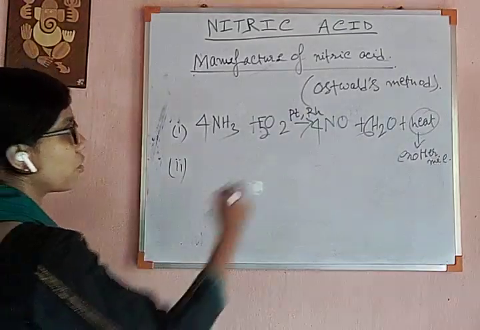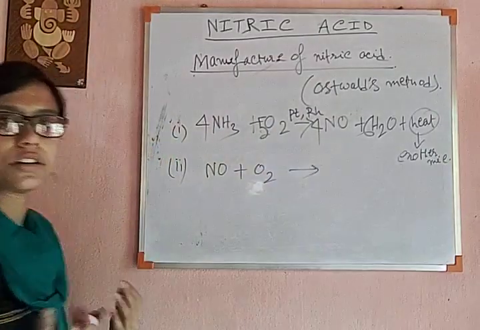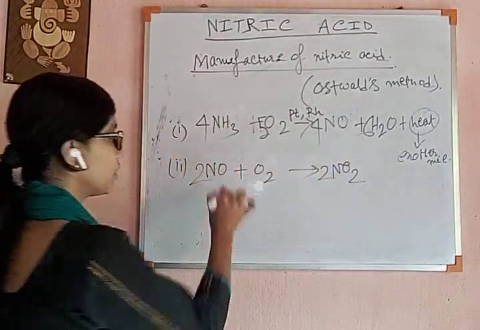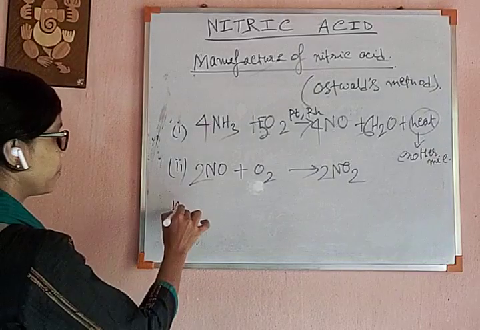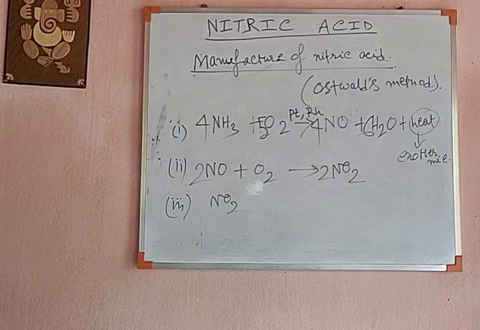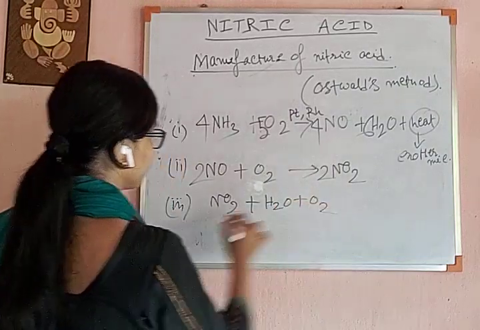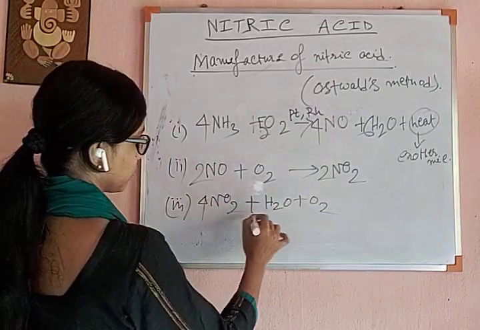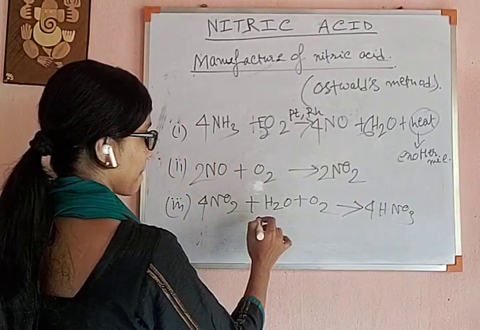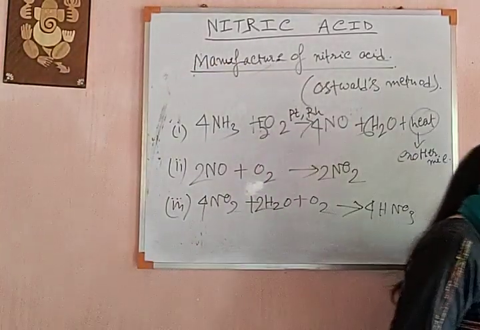This nitrogen monoxide, or nitric oxide, is put into an oxidation chamber, where it is converted into nitrogen dioxide, and in the third step this nitrogen dioxide is converted into nitric acid by reacting with water and oxygen.